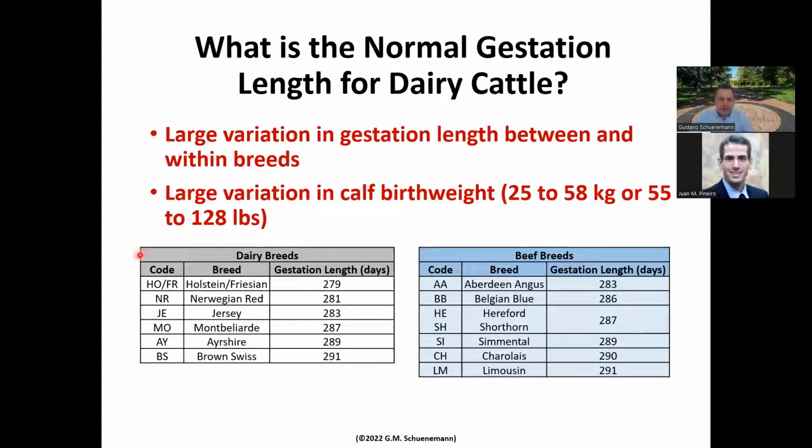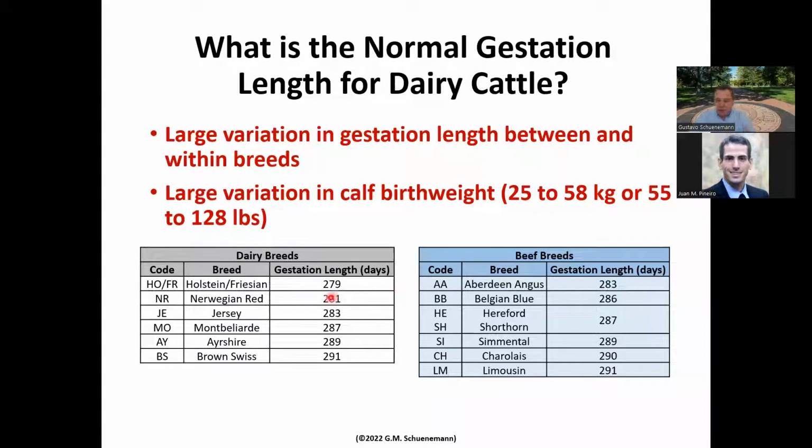On the left side of the screen you have the dairy cows, and on the right side the beef breeds, and these are just averages. I'll go into more detail because there is variation even within each breed, but it's important to keep in mind the different average gestation length of each breed.